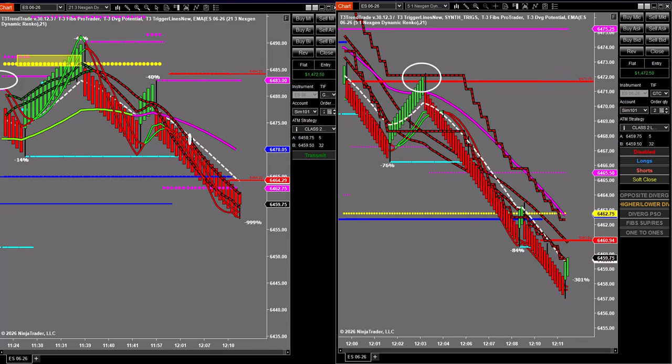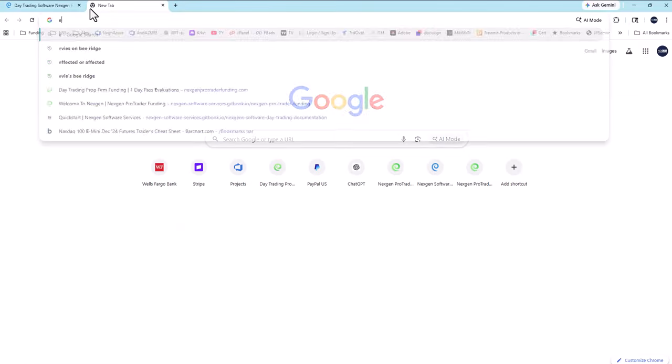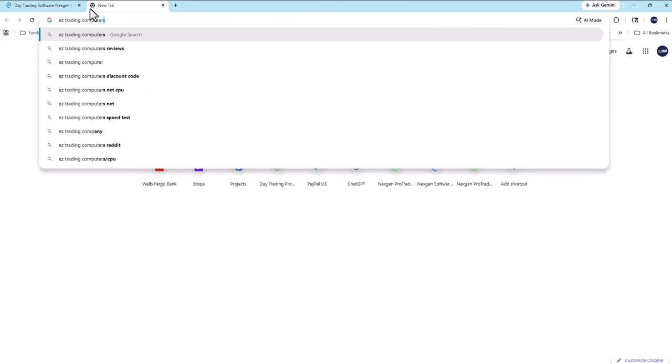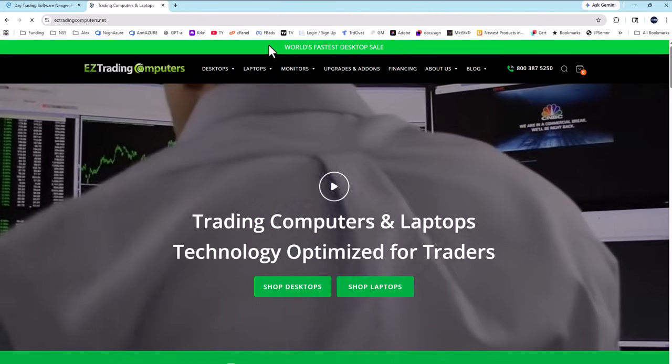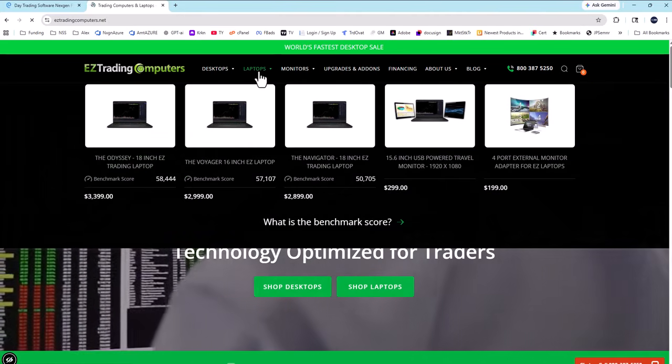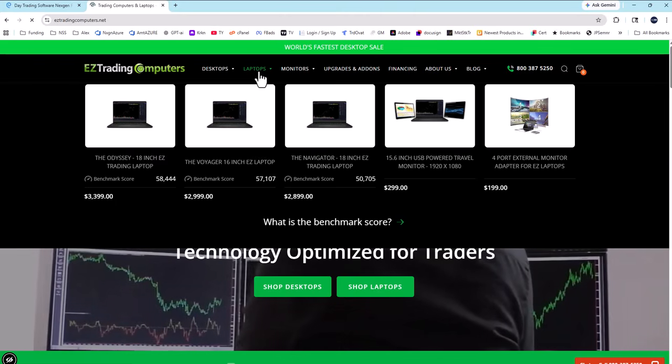All right, recommendation on specs for buying a new laptop that can handle NASDAQ trading systems. Yeah, I think Eddie Z is still a really good choice. Let me find, I gotta just look it up. Easy trading computers. Here's the thing. You don't have to spend so much damn money anymore.